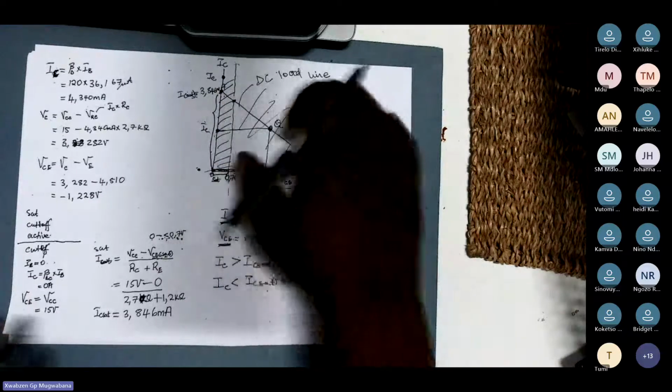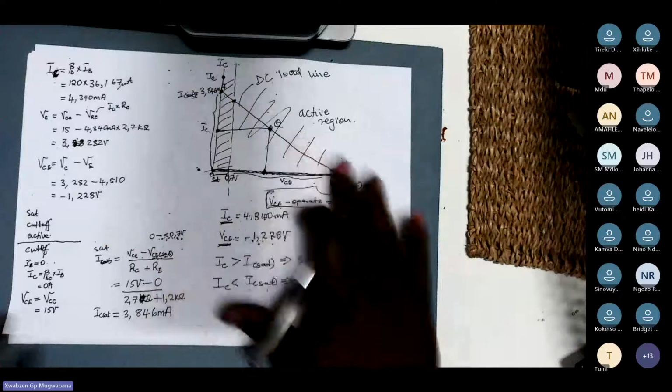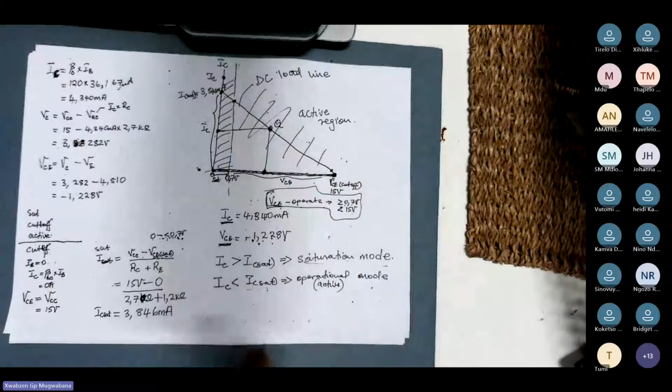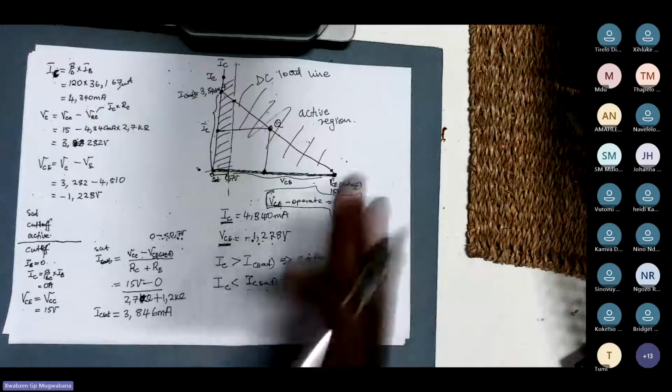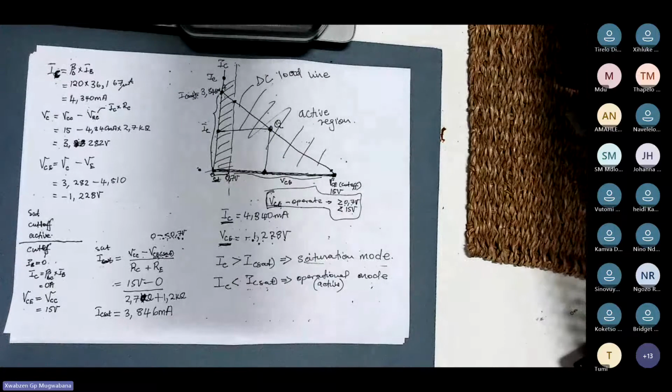What if they don't touch the DC load line, both of them, not a single one? If both of them don't touch the DC load line, which means your transistor is at saturation, or your transistor is at cutoff.